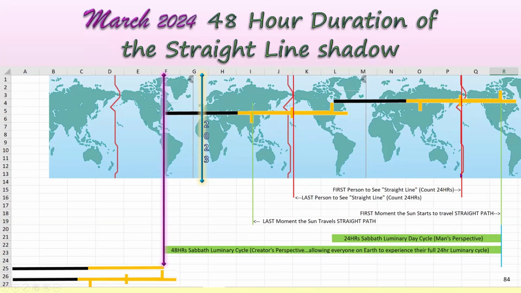It looked like it could potentially land almost right on the man-made international dateline. And if it does, that would be cool. I'd never seen that before, but it could potentially be that everyone on Earth sees the sign on the straight line on the same Gregorian date. But we're just going to have to wait and see.